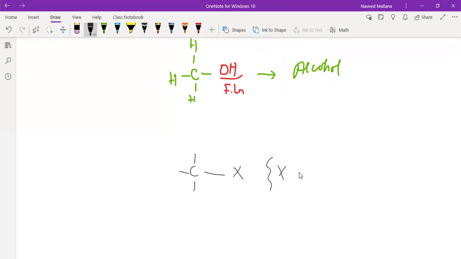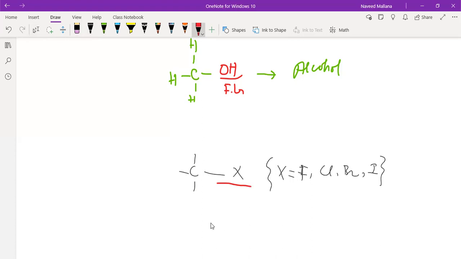X is one of the following elements, that is fluorine, chlorine, bromine or iodine. This is called functional group.